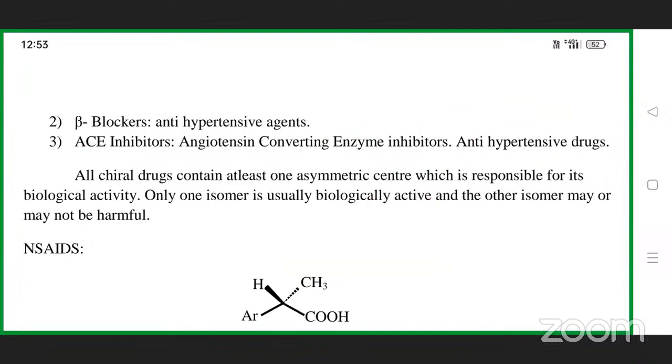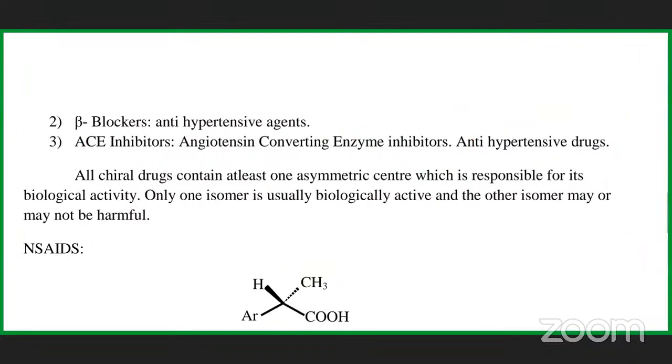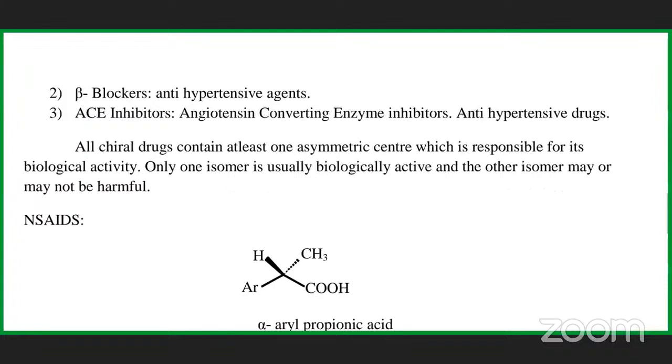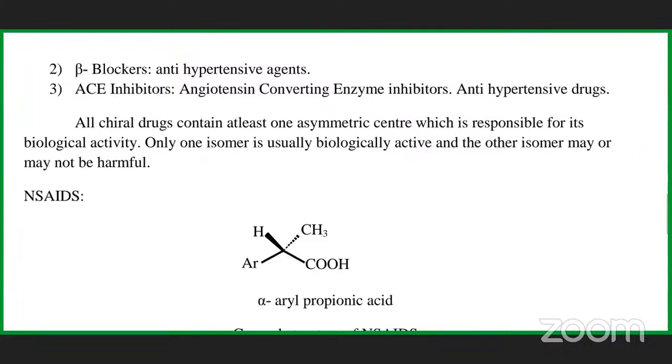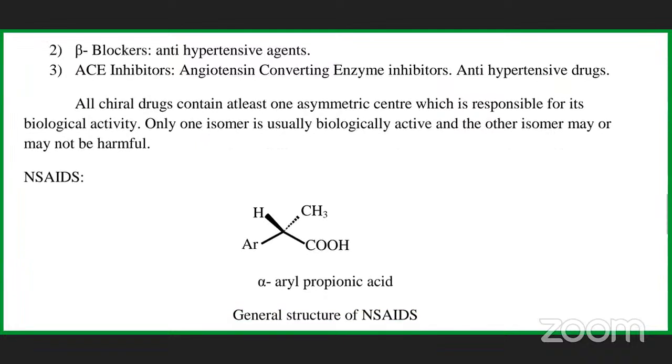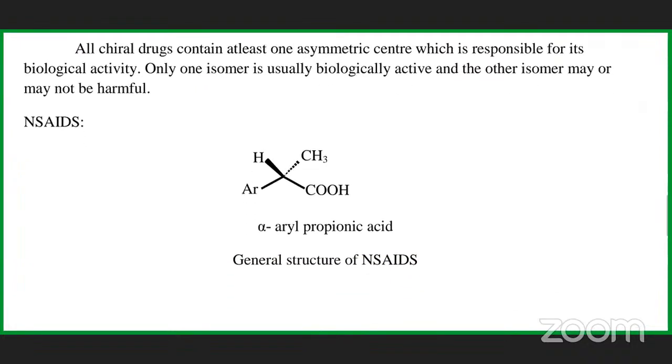Here, all the chiral drugs contain at least one asymmetric center, which is responsible for its biological activity. Only one isomer is biologically active, and the other isomer is not, and may generally be harmful. Okay, and for NSAIDs, some examples we have already seen.